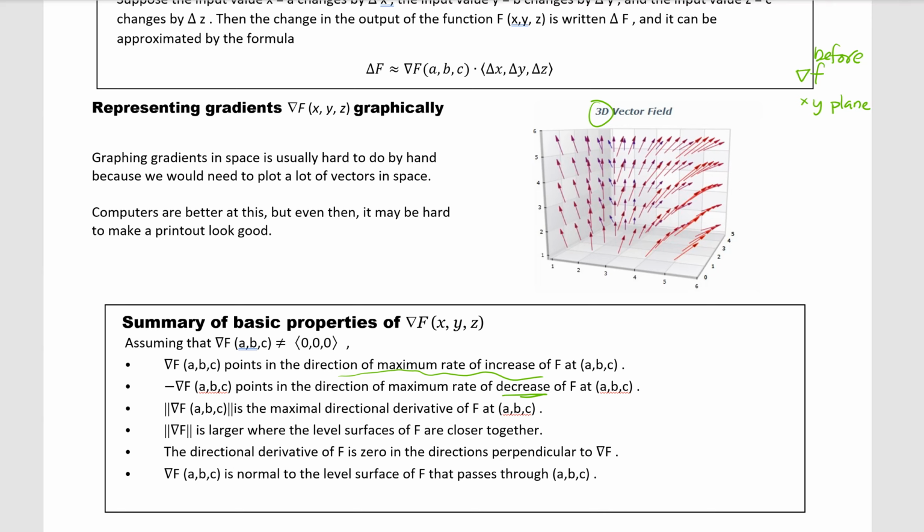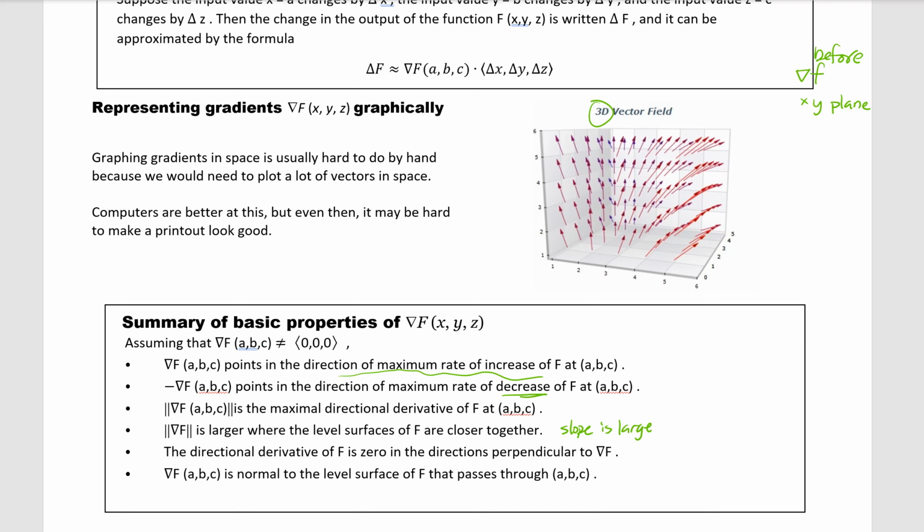And the magnitude of the gradient is larger where the level surfaces of f are closer together, because if the level surfaces are closer, it means the slope is large. And we know the directional derivative is kind of proportional to the length of the gradient vector.